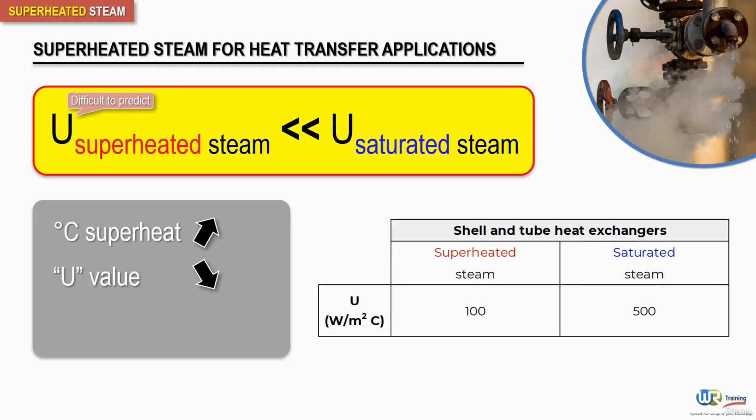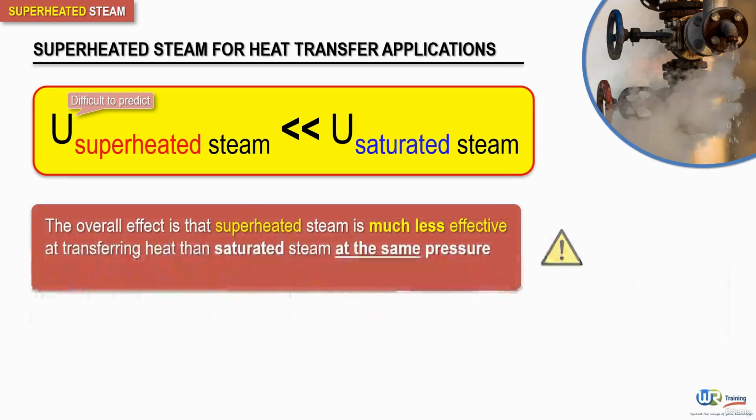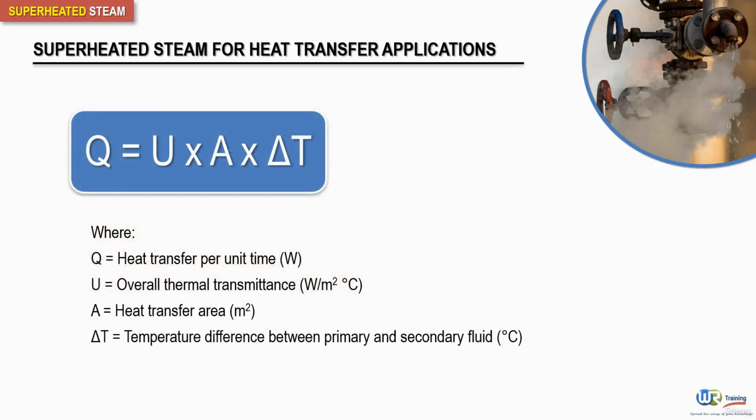The overall effect is that superheated steam is much less effective at transferring heat than saturated steam at the same pressure. In addition, not only is superheated steam less effective at transferring heat, it is very difficult to quantify using the heat transfer equation, as the temperature of superheated steam will fall as it gives up its heat while passing along the heating surface.